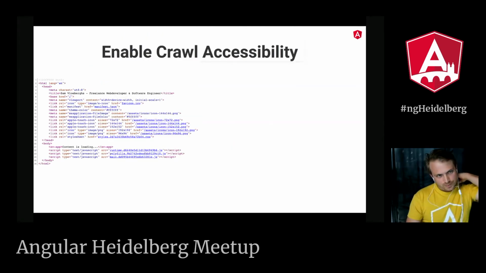So the fourth important thing, and actually a very crucial thing for proper SEO and shared capability on social media networks, is that you should enable crawl accessibility.